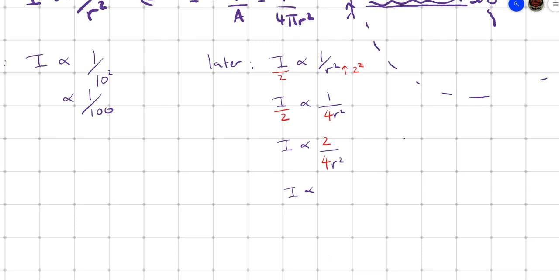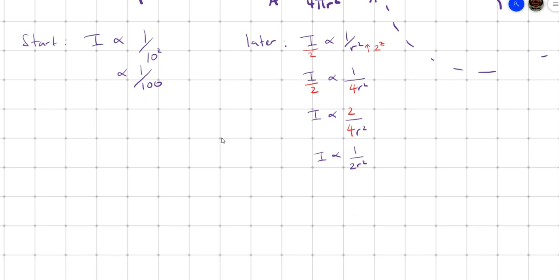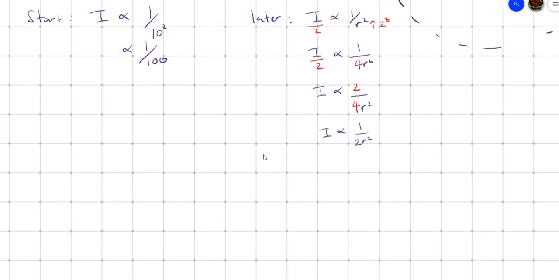So this gives me 1 over 2 r squared. Okay, good. Now you see that here I have I as well, so we're going to put them together. So therefore I have 100.